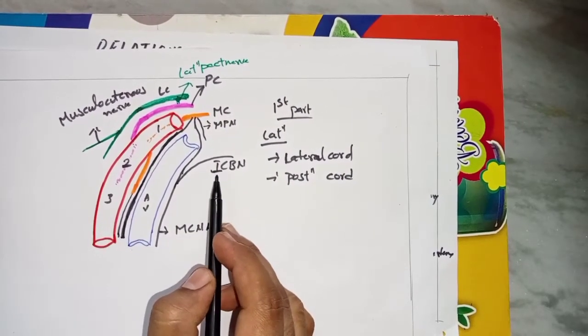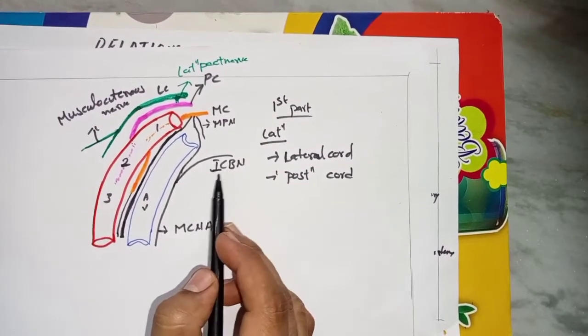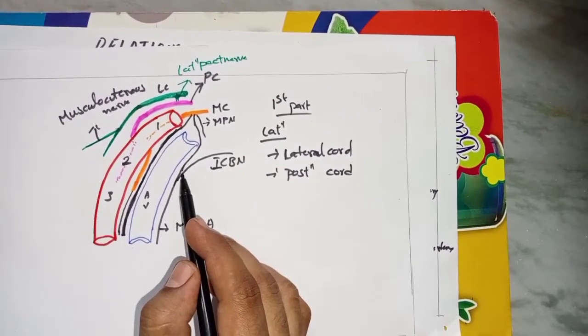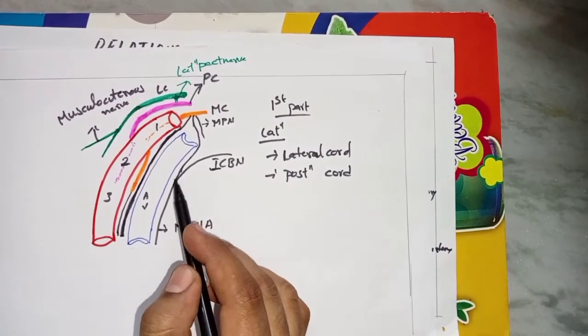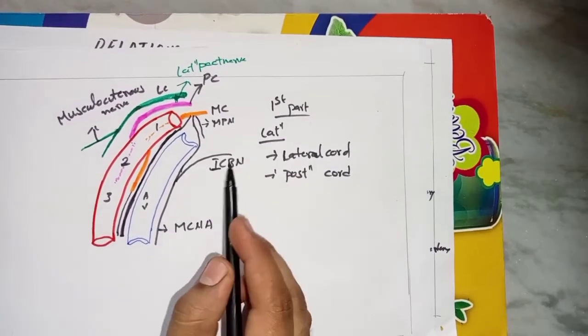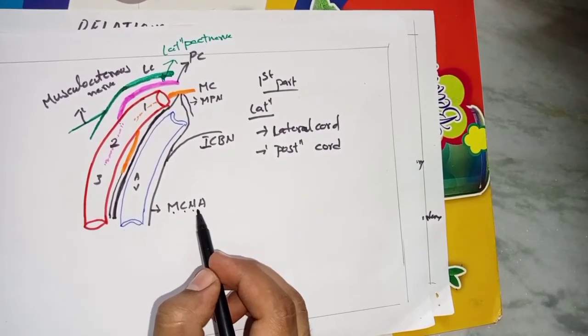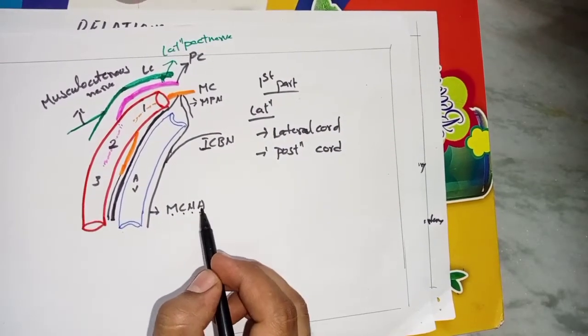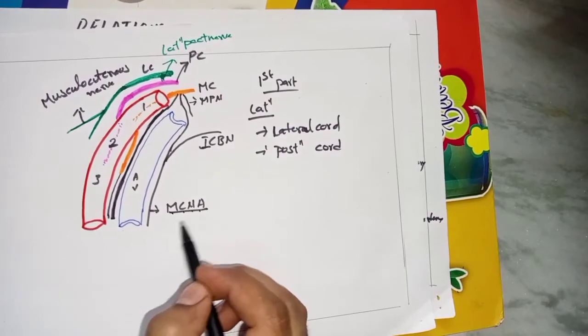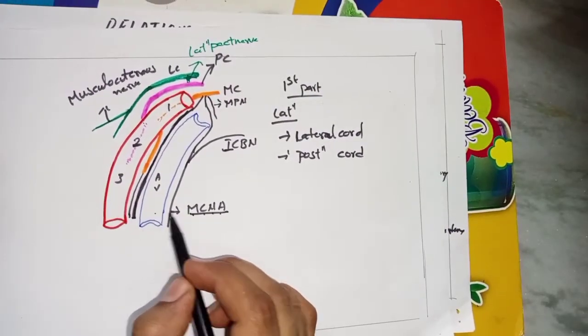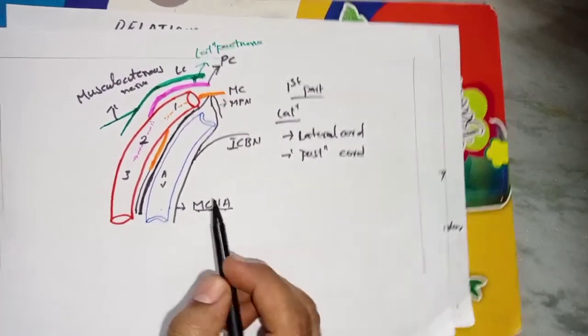That nerve is called the intercostobrachial nerve. The nerve communicating with the intercostobrachial nerve is the medial cutaneous nerve of the arm. What is its location? It is present medial to the axillary vein.